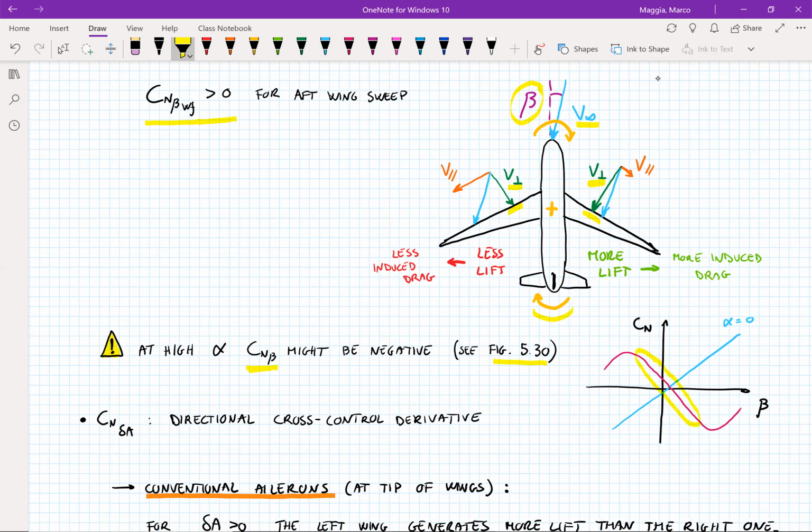So here we have a negative slope. Therefore, for high angles of attack, we might lose directional stability. So is an aircraft always directionally statically stable? Not really. It depends on the angle of attack.